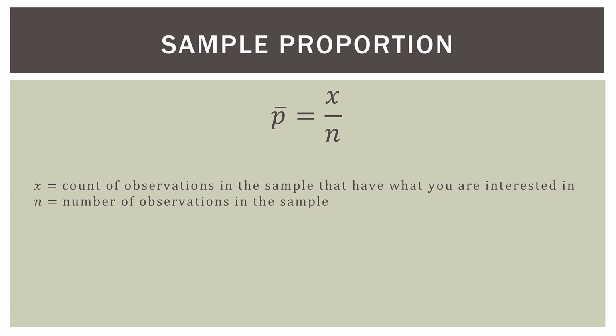So in this case, it's who answers yes. n is the number of observations in the sample, which again in this case is 30. So quite simply, we have p-bar equals x over n, which equals 17 over 30. It's just a simple fraction. That is 0.567 as a decimal, or 56.7% as a percentage. So very simple and very straightforward.